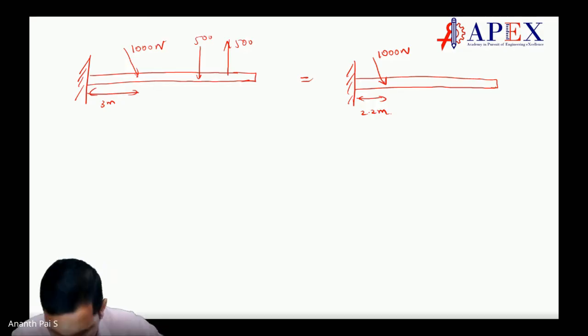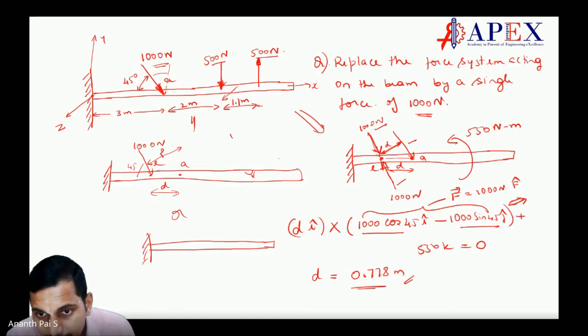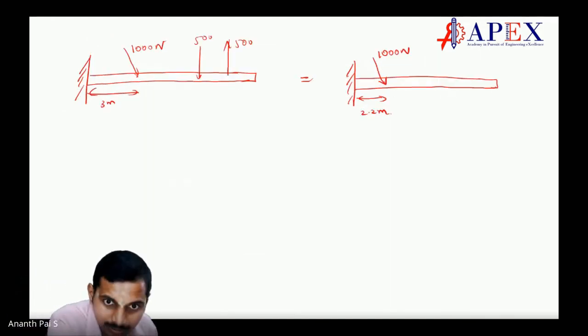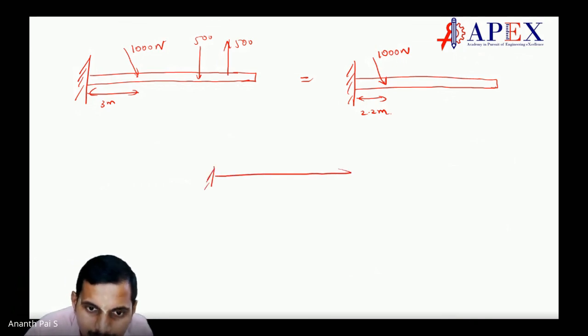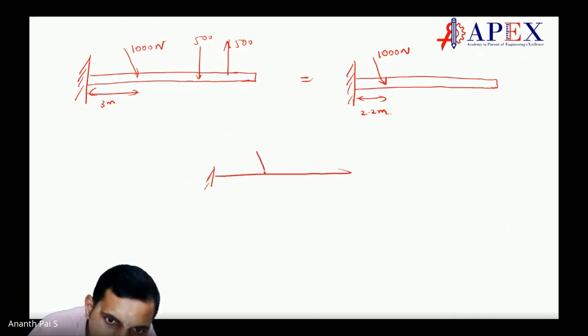Okay, sir. Now could you put the previous slide? Yeah, I got it, sir. But now let us understand this. If I have this line, let me draw a line here. Here let us have 1000 Newton.